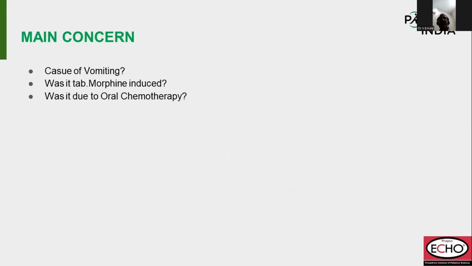Next. The main concern was the exact cause of vomiting. Was it tablet morphine induced, or was it due to oral chemotherapy? And the third: could there be secondaries in the brain with raised pressure that could have caused this vomiting? Next.